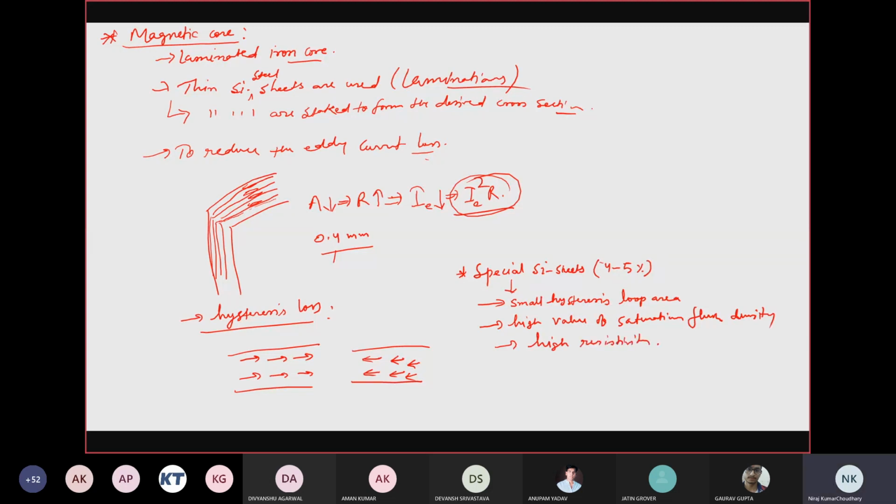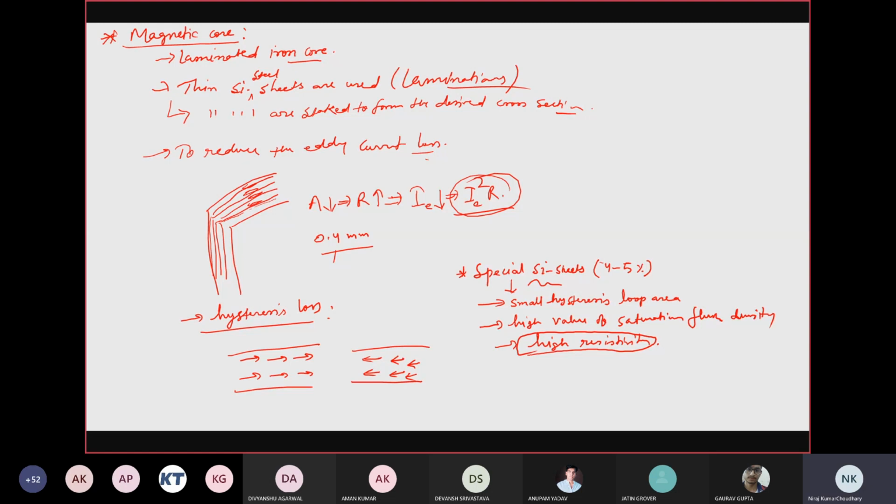So by adding silicon content in the steel sheet, we basically increase the resistivity of the magnetic material, right? So when resistivity will increase, then you know that the power associated with that material will reduce, right?